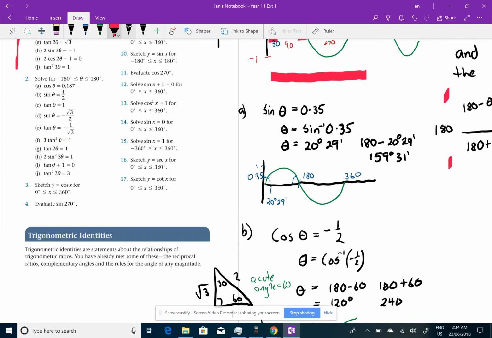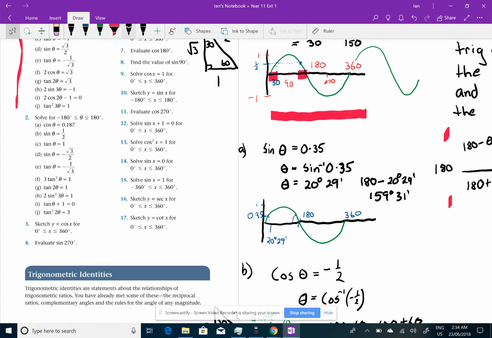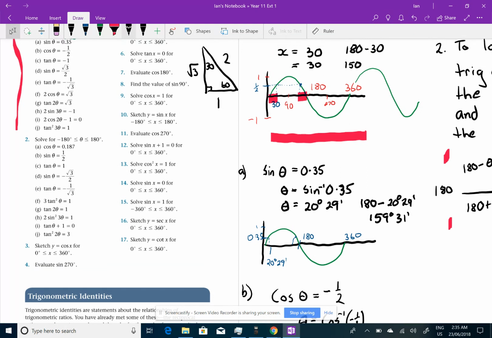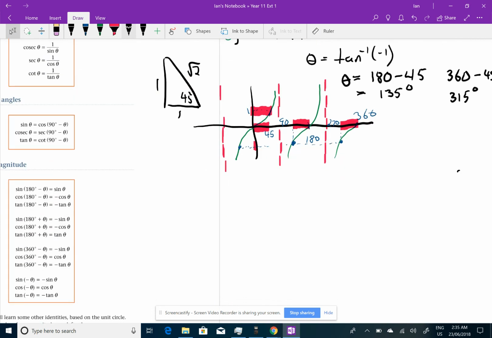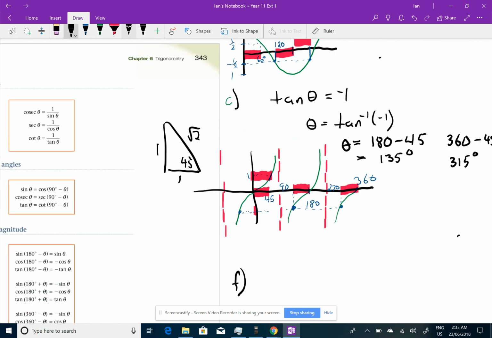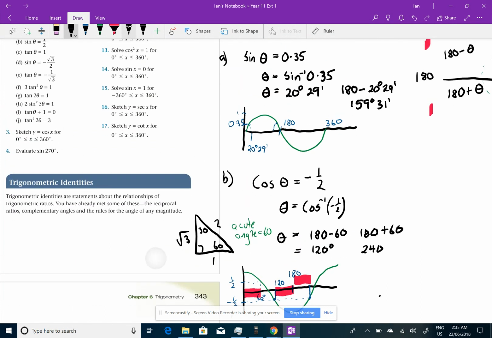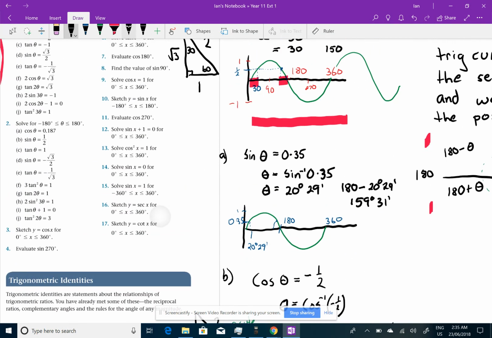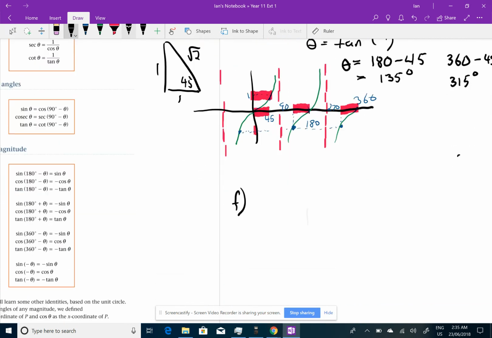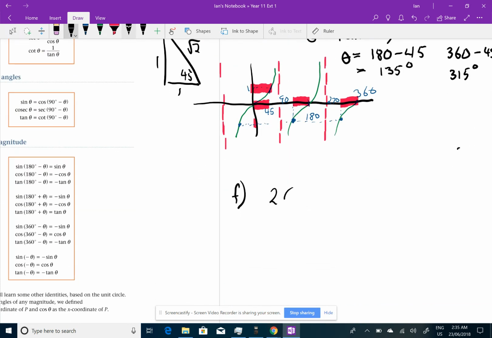Okay, let's do one more before I let you go. Let's do F. So here we go with F. And F is 2 cos theta equals root 3.